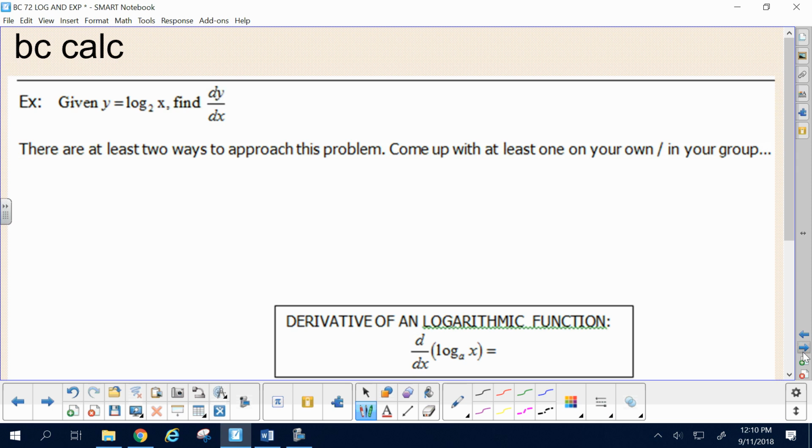Like x equals 2 to the y, but that's not solving anything. Okay. 1 over x natural log 2. 1 over x ln 2.